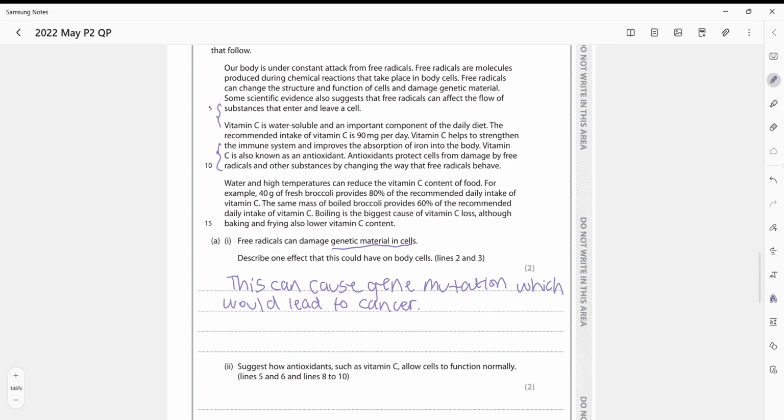Okay, so we can see in lines 4, 5, and 6 that these free radicals can affect the flow of substances that leave and enter the cell. And in lines 8, 9, 10, vitamin C is known as an antioxidant. Antioxidants protect cells from damage by free radicals by changing the way the free radicals behave.